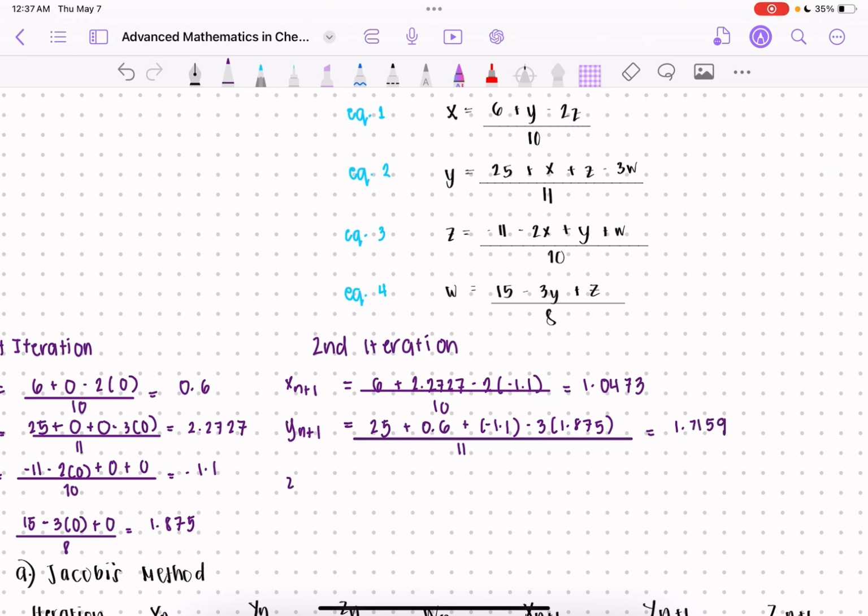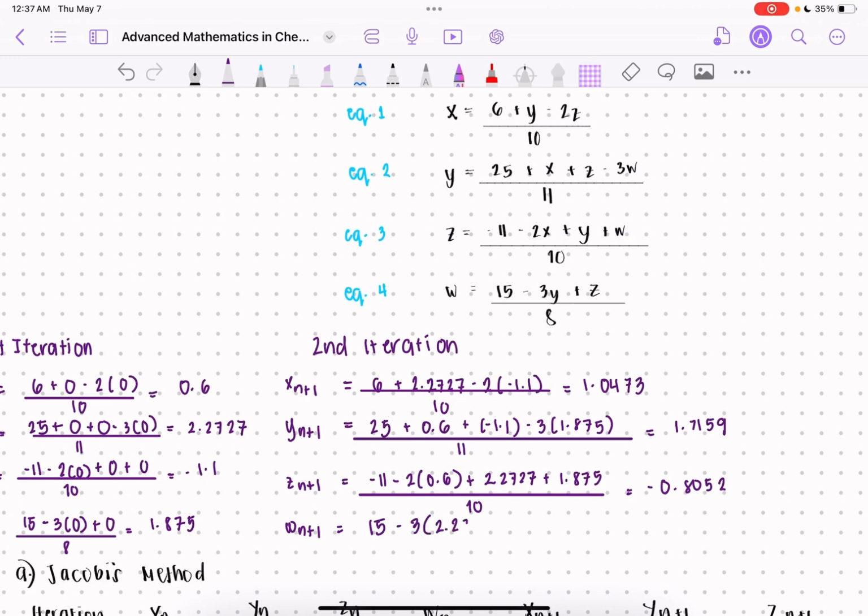Next, let's solve for z sub n plus 1. That would be negative 11 minus 2 times the value of our x plus the value of our y plus the value of our w, all over 10, which would give us negative 0.8052.